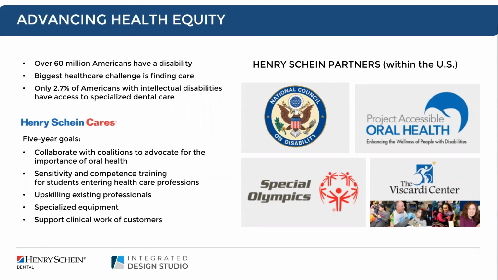Our 5-year goals include collaborating with coalitions to advocate for the importance of oral health care for individuals with disabilities, developing sensitivity and competence training for students who are entering the healthcare profession, developing training and upskilling for current healthcare practitioners to better serve special populations, working with our supplier partners on specialized equipment necessary for special needs care, and supporting the clinical work of those who serve individuals with disabilities.